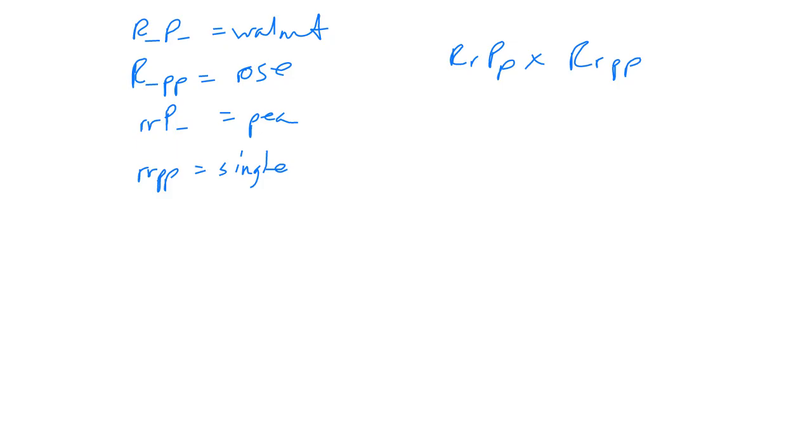So we can do our FOIL technique to get the gametes, right? Big R with big P. Big R with little p. Little r with big P. And a little r with little p.